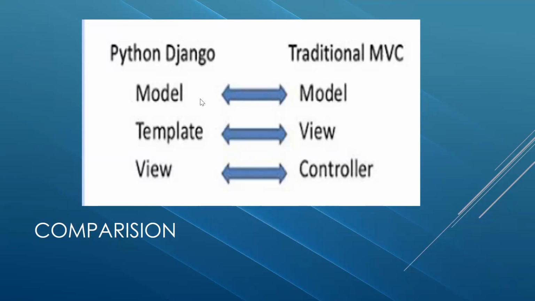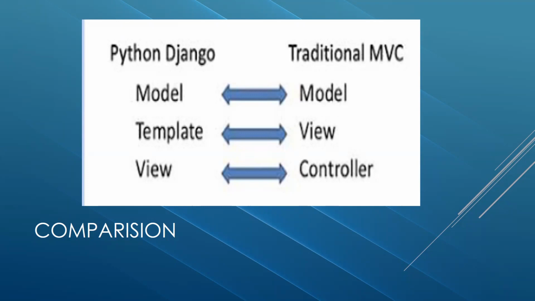Some important differences between MVT and MVC are, you see, the controller in the MVC pattern is equivalent to the view in the Django MVT pattern. The view is responsible for handling logic and interacting with the model, not just for displaying the interface. And that's the difference.